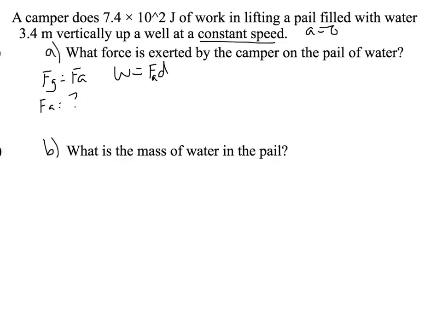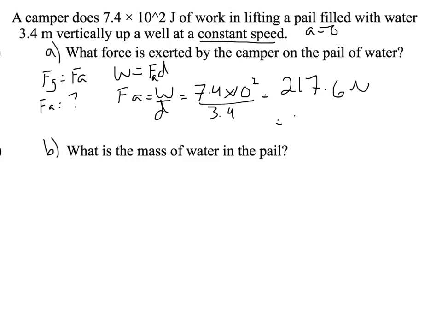In this case it's Fa. Fa equals W divided by d. 7.4 times 10 to the 2 over 3.4 meters gives us 217.6 newtons. 2 sig digs, 220 newtons.